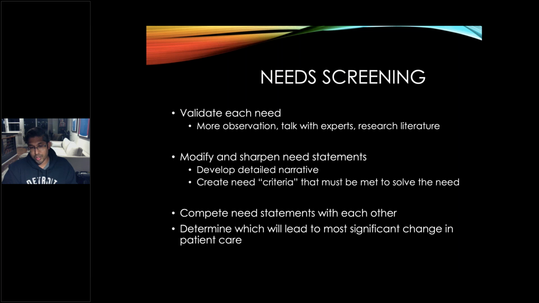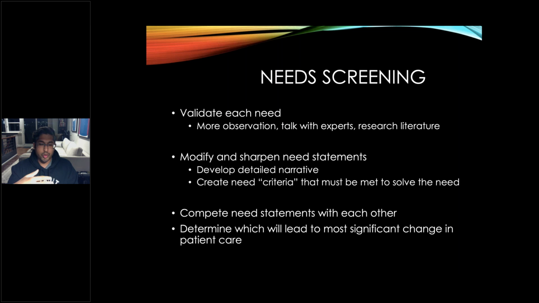So do your research. Once you establish a list of needs and different problems, you're going to start developing different need statements, and you're going to come up with a complete statement with the problem, the population, as well as your objective in terms of what you want to have solved.